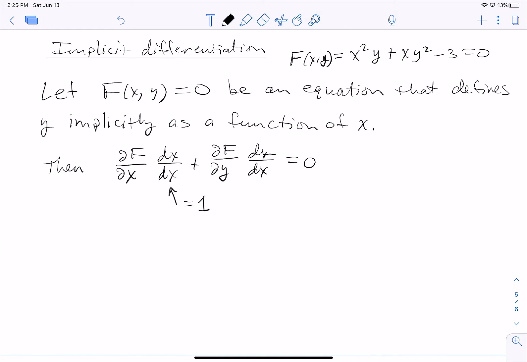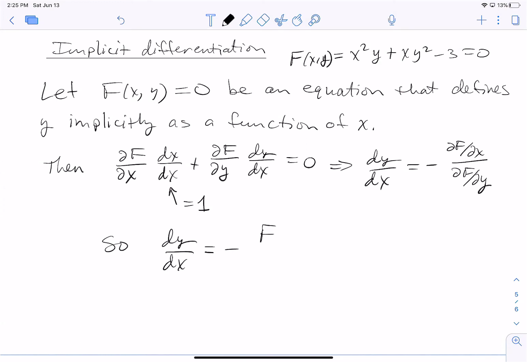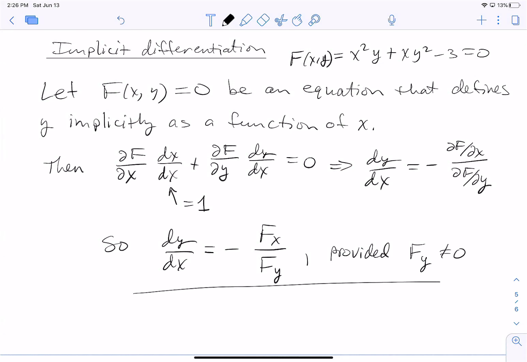And if we rearrange this equation, we can conclude that dy/dx is equal to the negative of the partial of f with respect to x divided by the partial of f with respect to y. We can rewrite that as dy/dx is equal to negative fx divided by fy, provided that the denominator fy is not equal to 0.